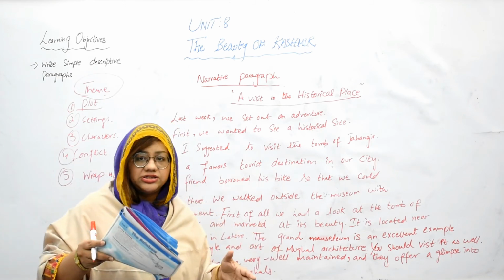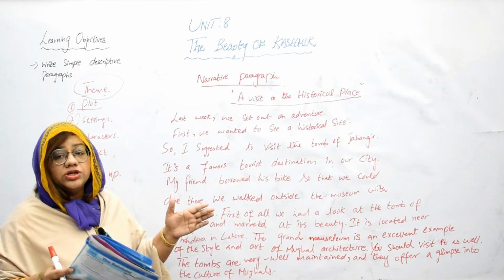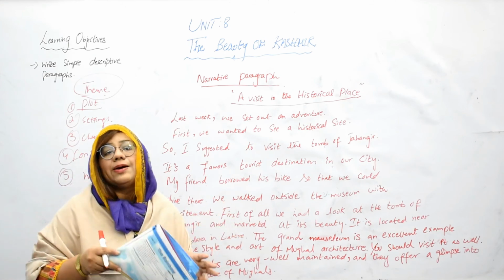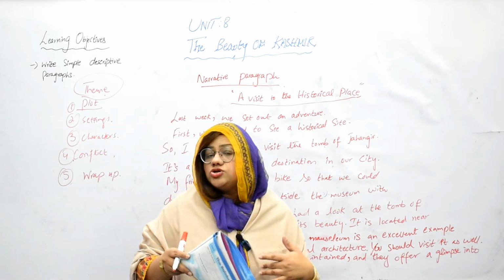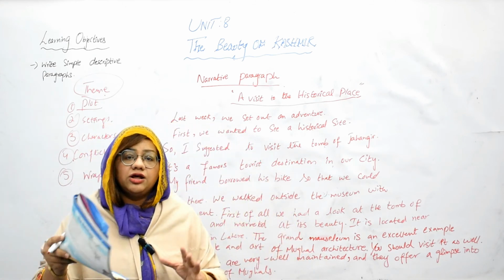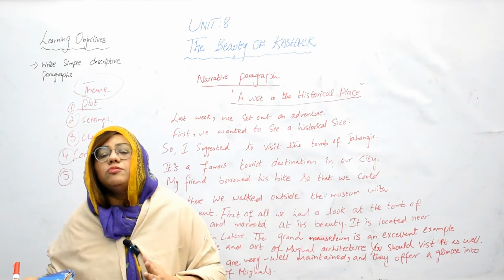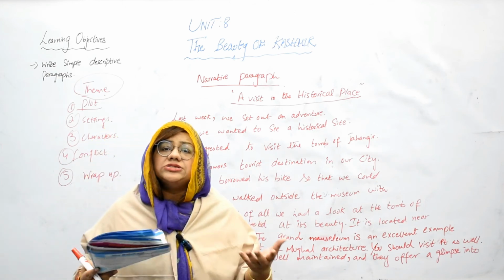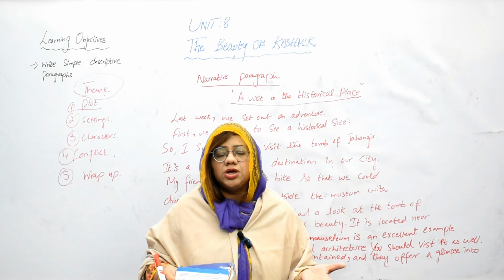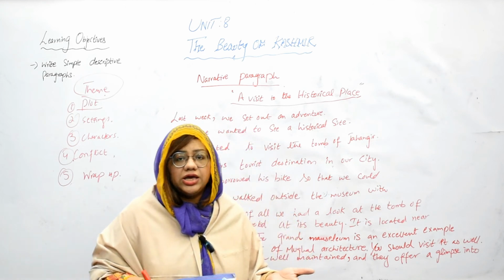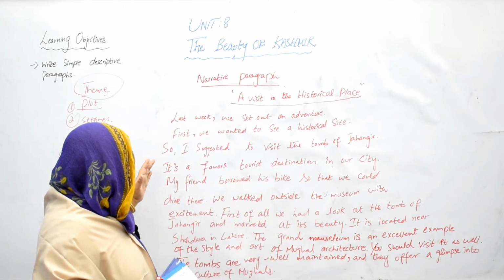And at the end, you need to write the proper wrap up of that one. Either you're explaining it in the form of your liking or your disliking. So it depends upon what you actually experienced in this. So I'm reading that one again.